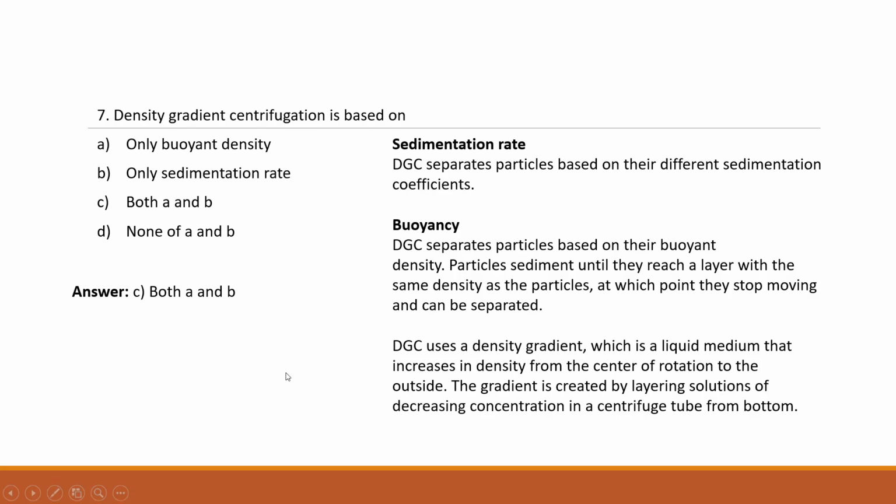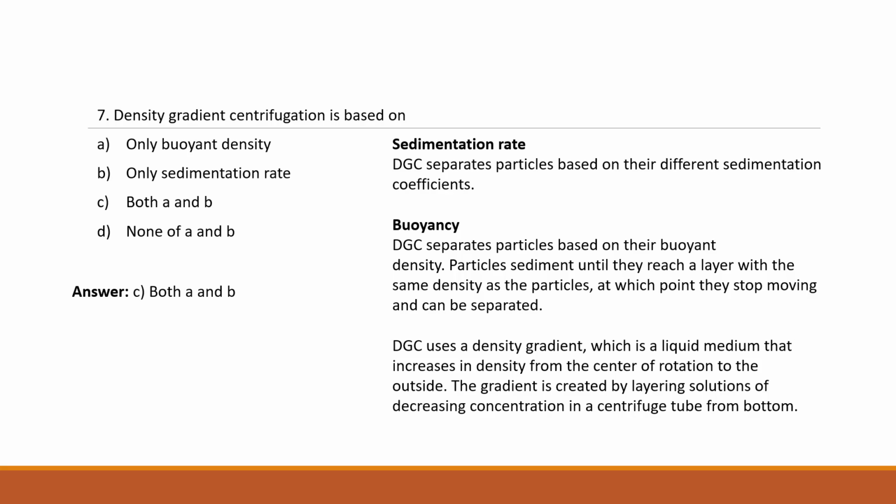Then DGC uses the density gradient, which is a liquid medium that increases the density from the center of rotation. So this is a centrifugal rotation. From the center, your density will start changing to the outside. The density gradient is created by layering solutions of decreasing concentration in a centrifuge tube from the bottom.